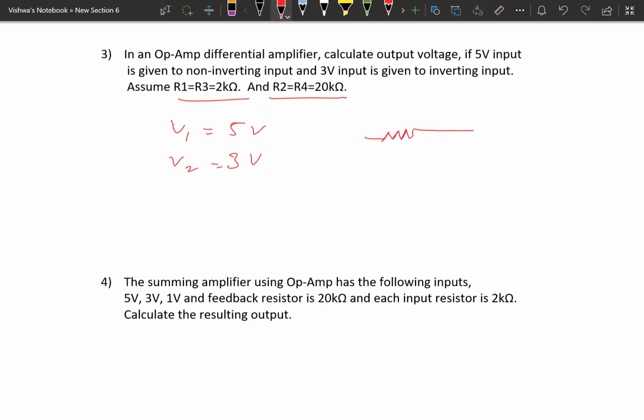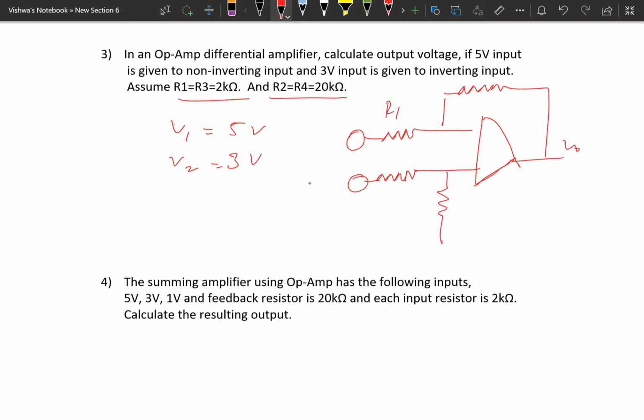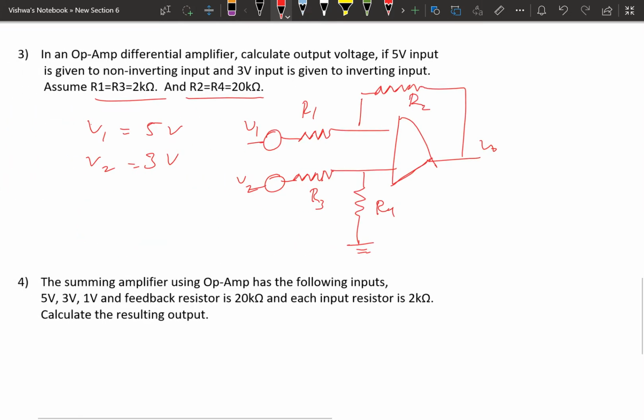V out, there is a resistor RF, and two voltages are applied here, R1, R2, R3 and R4. Following this diagram, find the output voltage Vout.